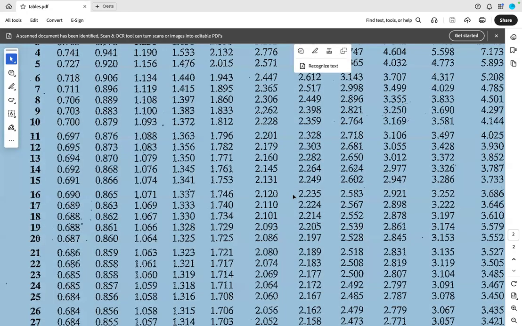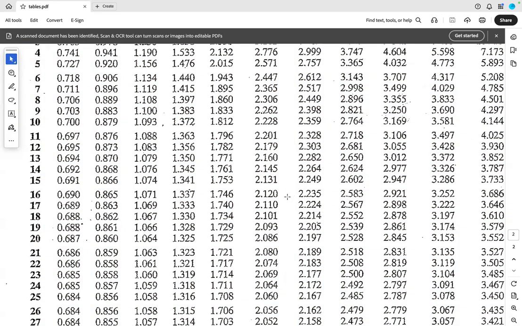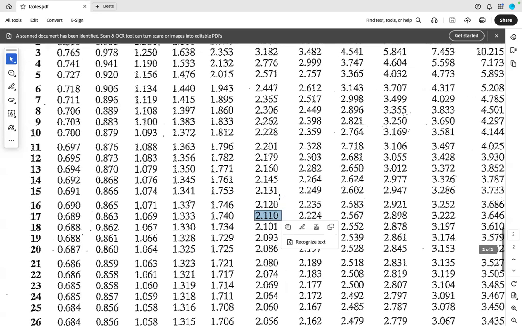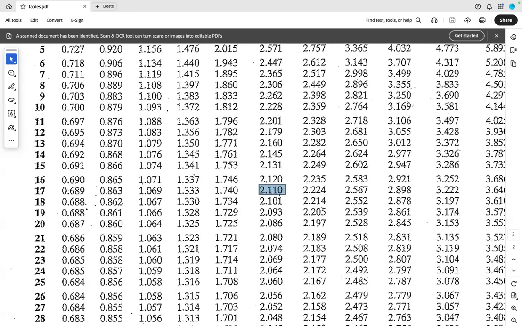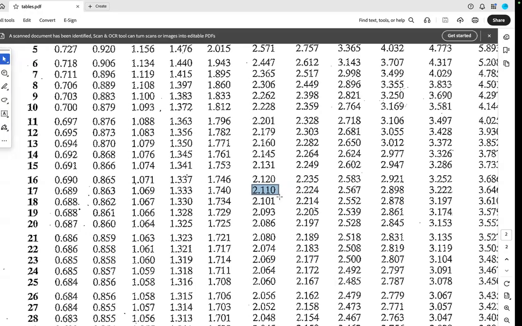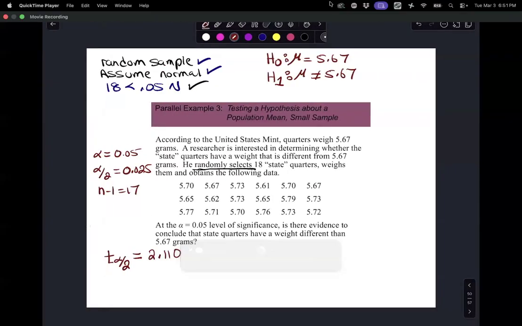Don't do that. I use 17 degrees of freedom because it's n minus 1, and the 0.025. That is my critical value. That's what I wrote down. So this is my work so far, all of the housekeeping stuff that we need to do before we can do any math.